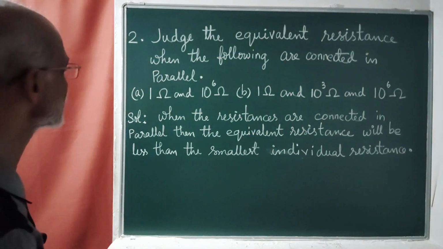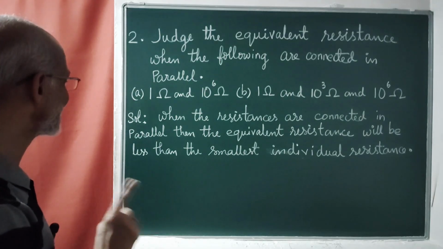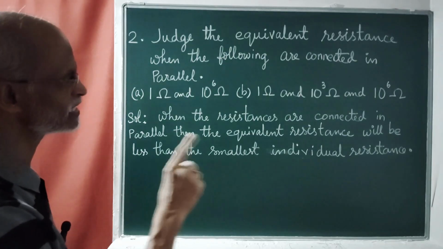When the resistances are connected in parallel, then the equivalent resistance will be less than the smallest individual resistance.